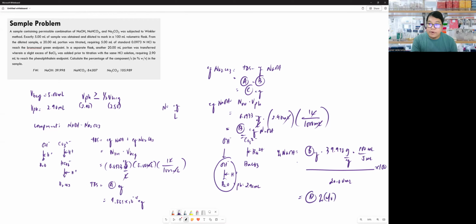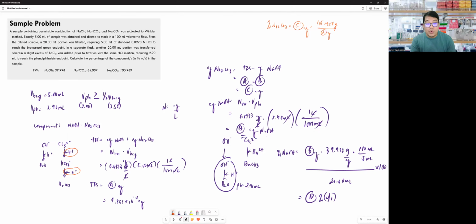Okay? Then, yung percent Na2CO3 ay equal to letter C, equivalence, times yung ating equivalent weight ni sodium carbonate. So, 105.989 grams per 2 equivalent. Bakit 2? Kasi di ba, as you can see, 1 equivalent, 2 equivalent.